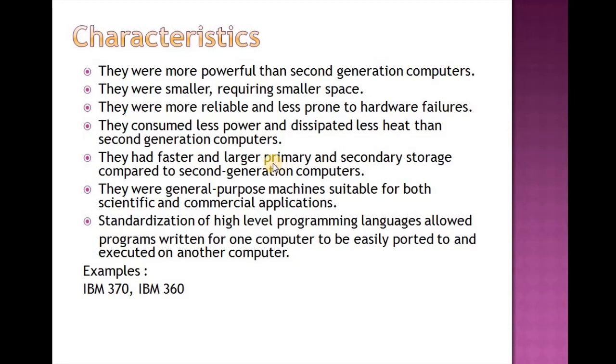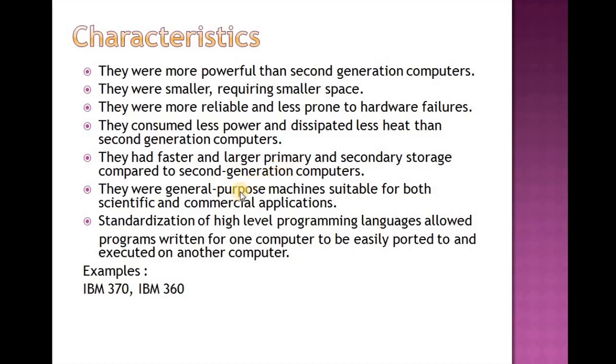Now the next characteristic is, as we have discussed, they used the memory core, and they used magnetic disks. The primary memory size was increased and became faster, through which we could execute the computation, and their storage capability was also increased compared to the second generation.